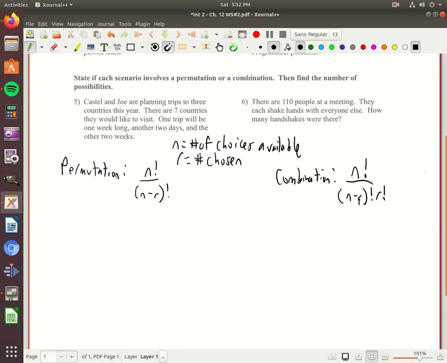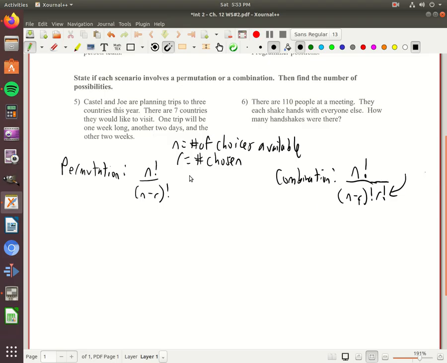It's a very similar formula, just slightly different. The only thing that's different is this added little r factorial on the bottom at the end. So what we need to do is read through the problem, decide if we think it's a permutation or a combination, and then figure out what n and r are, put them in this equation or this equation, and solve.